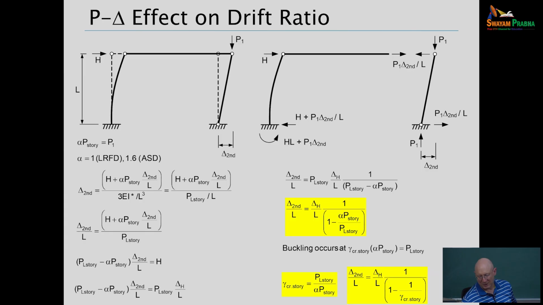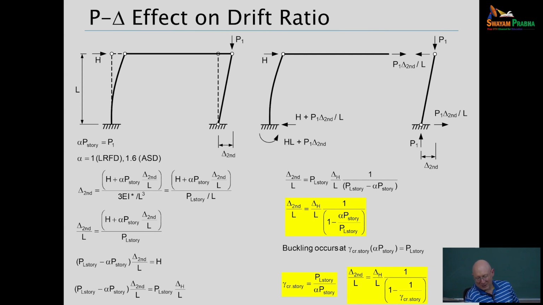If you look at PL story, that's units of kips, or kips per radian, if you wish, because it's a stiffness, or I'm going to go to kilonewtons, I'm in imperial units again. PL story is kilonewtons per drift ratio, which you could say is in radians. So that's kilonewtons, right? Okay. So yeah, but good question. Right. Okay. Thank you.